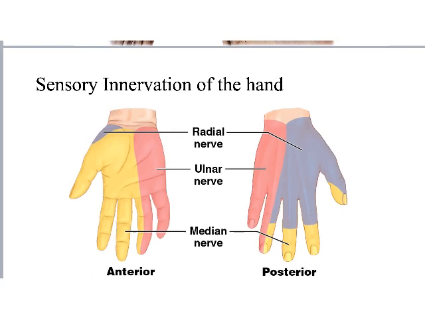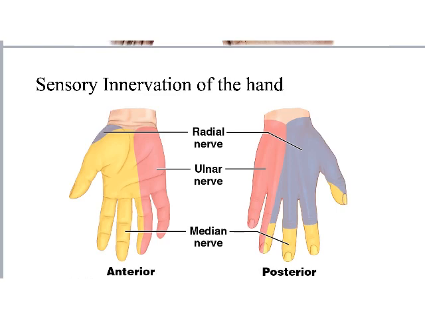Okay, so just wanted to briefly mention sensory innervation of the hand, because a lot of people have symptoms in this area, and so you can determine what nerve is the problem by which area of the hand is having trouble with sensation. So we talked about earlier that the median nerve does the radial side of the hand anteriorly.